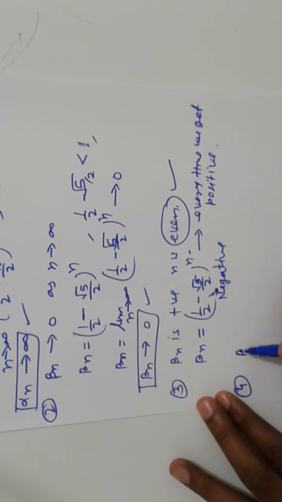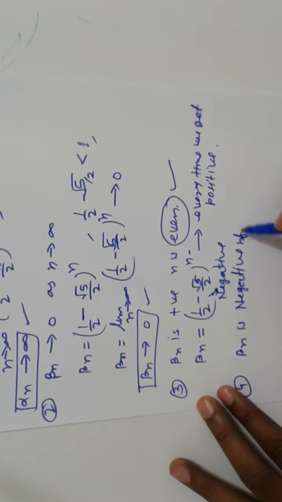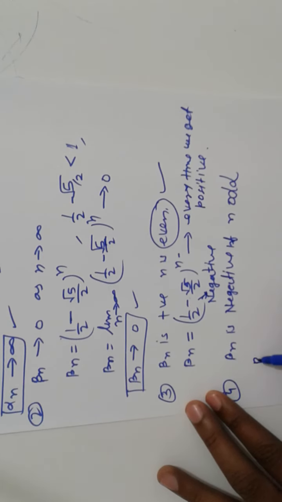Next, beta n is negative if n is odd. Let's check it: 1 by 2 minus under root 5 by 2, raised to power n.